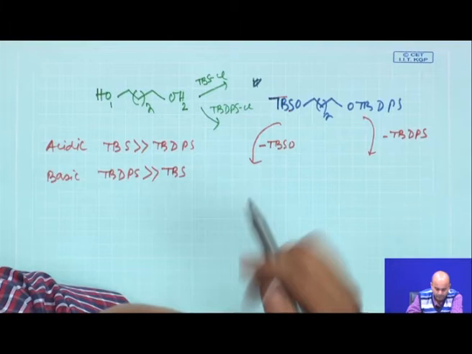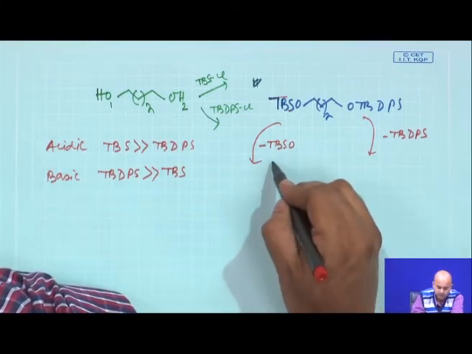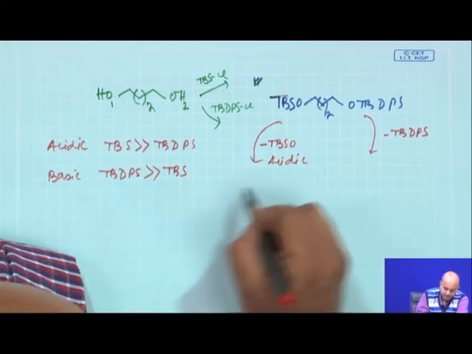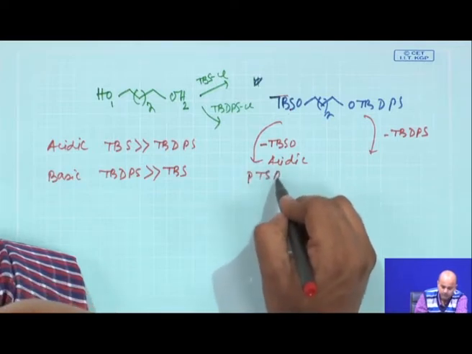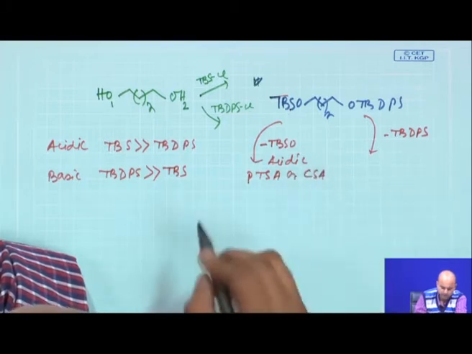So, if you selectively try to remove the TBS, you need to use an acidic condition, preferably a simple sulfonic acid, para-toluene sulfonic acid or camphor sulfonic acid.